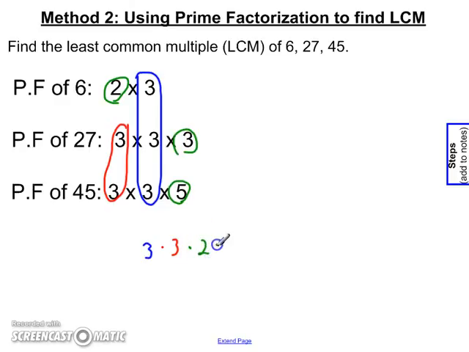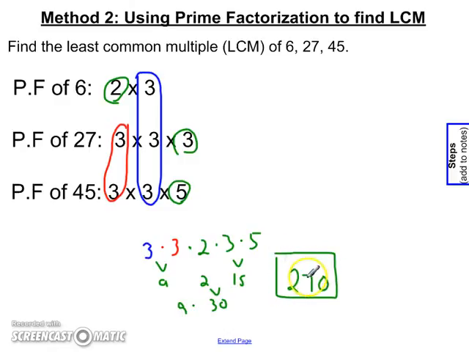So I will bring the 2, the 3, and the 5 down, and I will go ahead now and multiply across, or you can if you want to. That's 9. That's 15. 15 times 2, if I bring my 2 down, is 30. So I now have 30 times 9, and 3 times 9 is 27, and tack on a 0, 270. So 270 is the smallest value that 6, 27, and 45 will all multiply into.